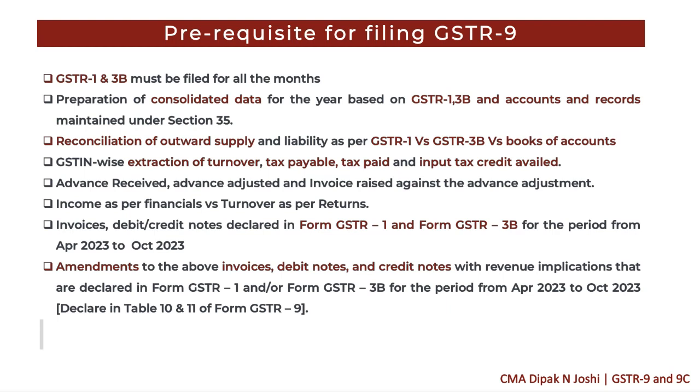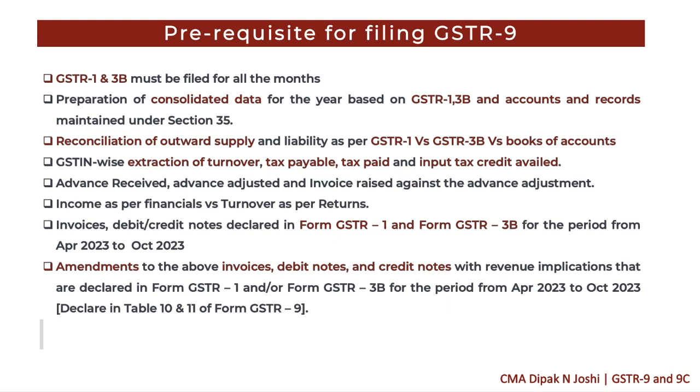Now, if you have filed GSTR 1 and 3B for the financial year, the portal will open the tab of GSTR 9 and 9C, and you can furnish the information in GSTR 9 and 9C. The portal also provides the functionality of auto population of details furnished in GSTR 1 and 3B into GSTR 9. But always remember, this is the functionality given by the government, and GSTR 9 is not only based on GSTR 1 and GSTR 3B.